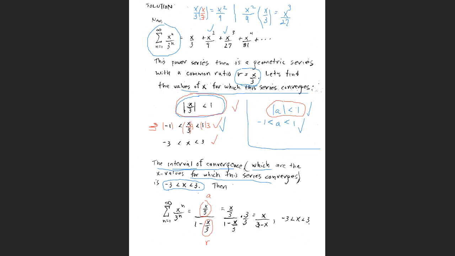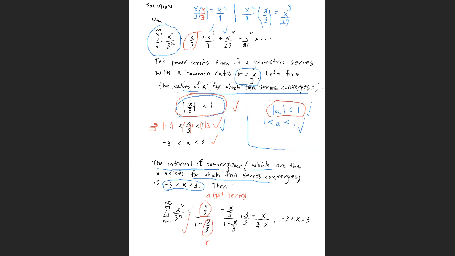And the first term of the series, A stands for your first term. I wrote out the series up here, and here's the first term, x over 3. There it is. And so the sum is x over 3 divided by 1 minus x over 3.